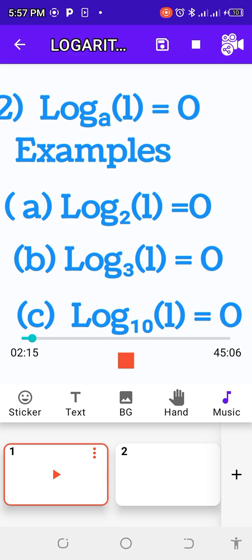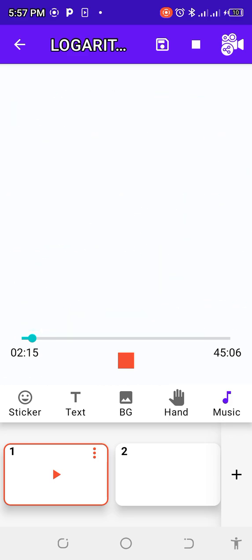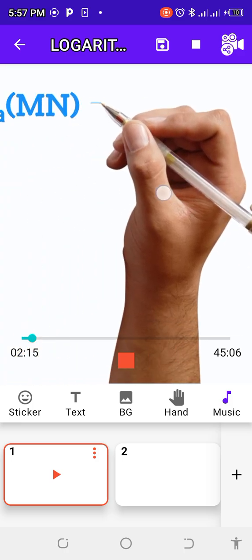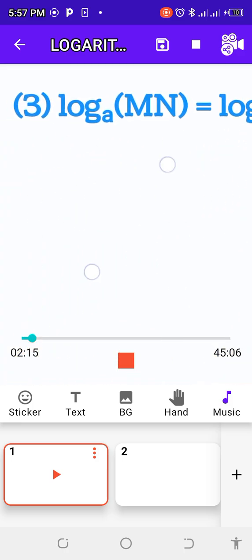Now we are going to take a look at the next law. That is the law that guides us on how to multiply two logs of the same base. To multiply two logs of the same base, take their sum.